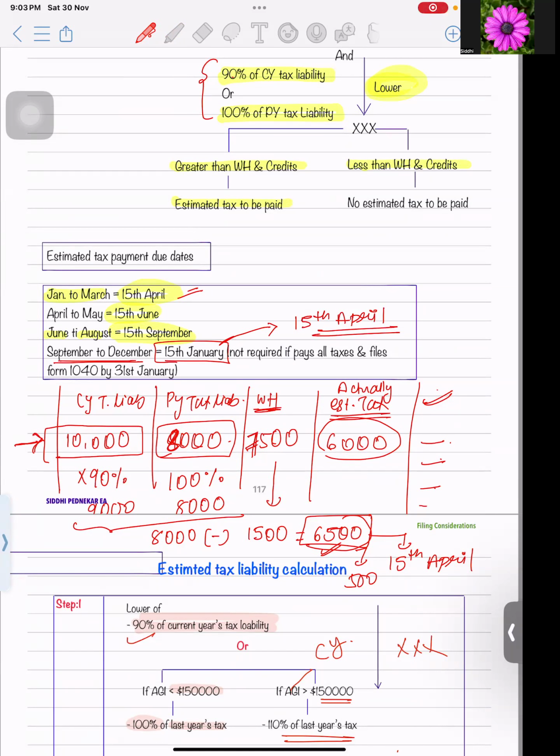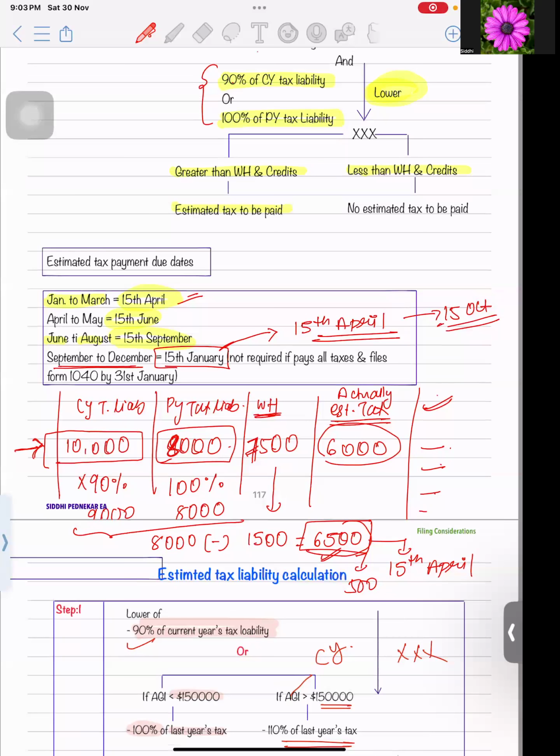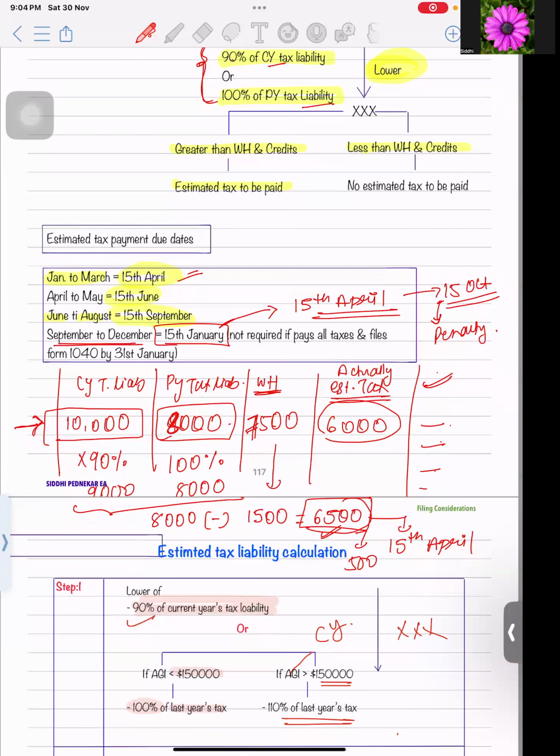But if on 15th October you are extending your tax filing deadline and you forgot to pay any estimated tax on this date, you need to pay the penalty, because the rule is minimum 90% or 100% of previous tax liability, whichever is lower, this much you have to pay in advance.